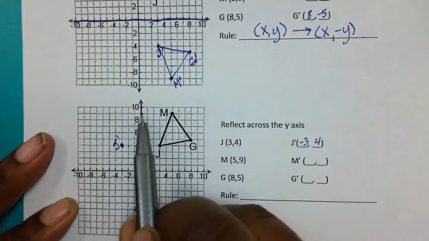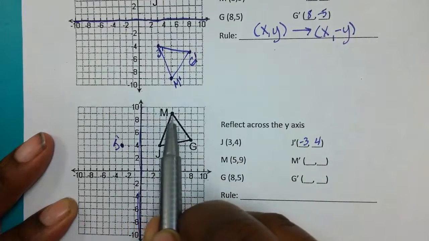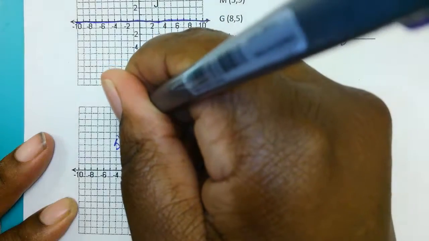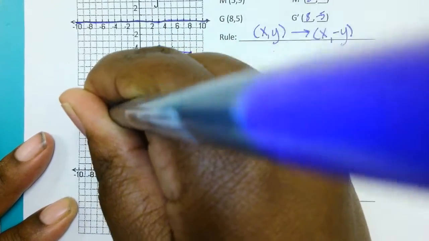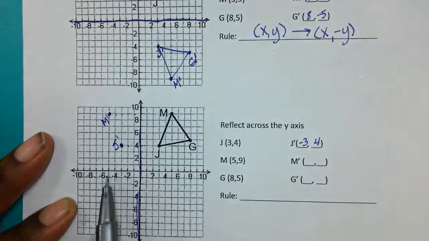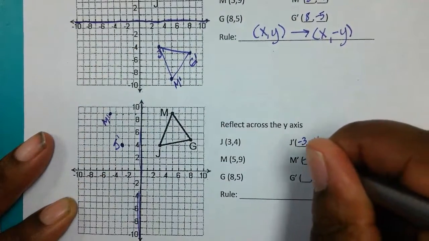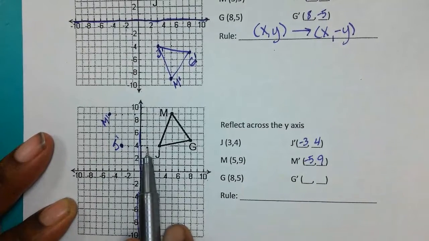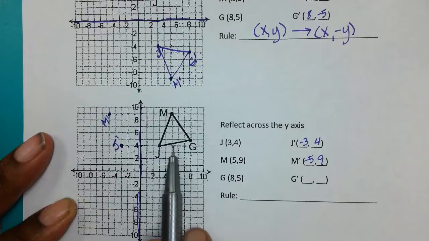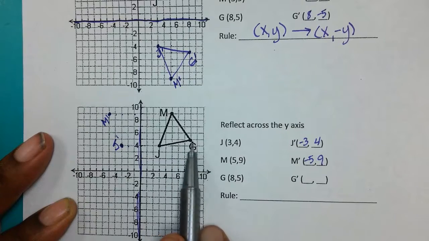M, I had to go 1, 2, 3, 4, 5 to the right. So now I go 1, 2, 3, 4, 5 to the left, and that's M prime. So M prime is at -5, +9. G, I went 1, 2, 3, 4, 5, 6, 7, 8 to the right.